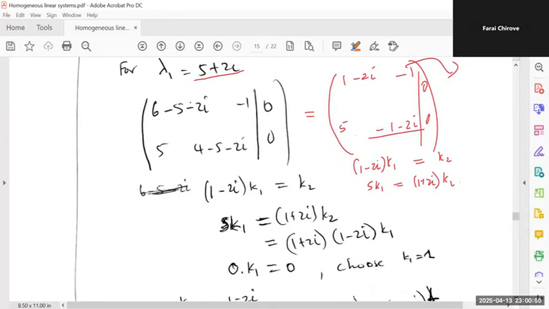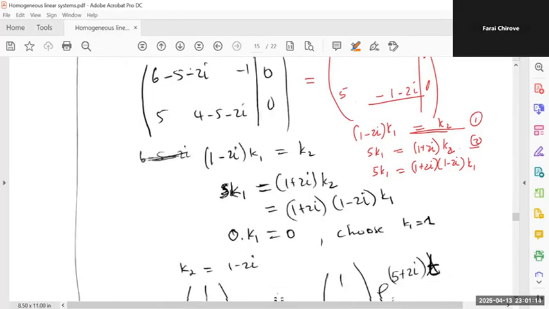Now we know what k2 is from the first equation. So we are substituting that k2 value into the second. So we now have 5k1 is equal to 1 plus 2i into 1 minus 2i times k1.